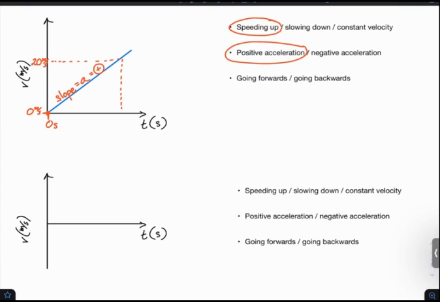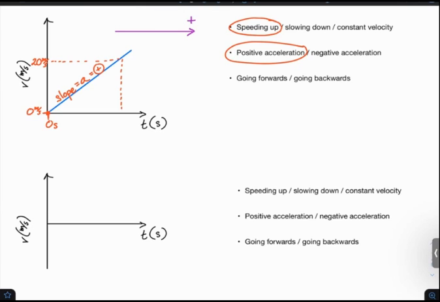And the last one is, is it going forwards or going backwards? So I like to define a positive velocity as going forwards, because on the x-axis, the positive direction is to the right. And so I like to say that that is going forwards.